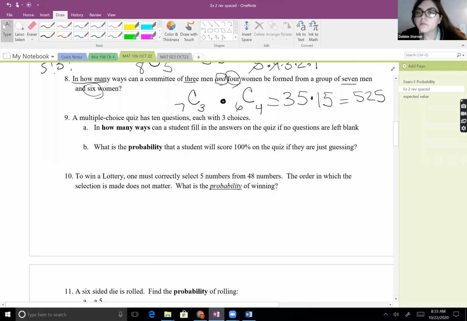Next one, I think on the test, because they're my lab's questions and not handwritten questions, it might be split up over a couple of different questions. Multiple choice quiz has 10 questions, each with 3 choices. So everybody remember, if I've got 10 questions, each with 3 choices, that's saying I have 10 things, and each of them has 3 choices.